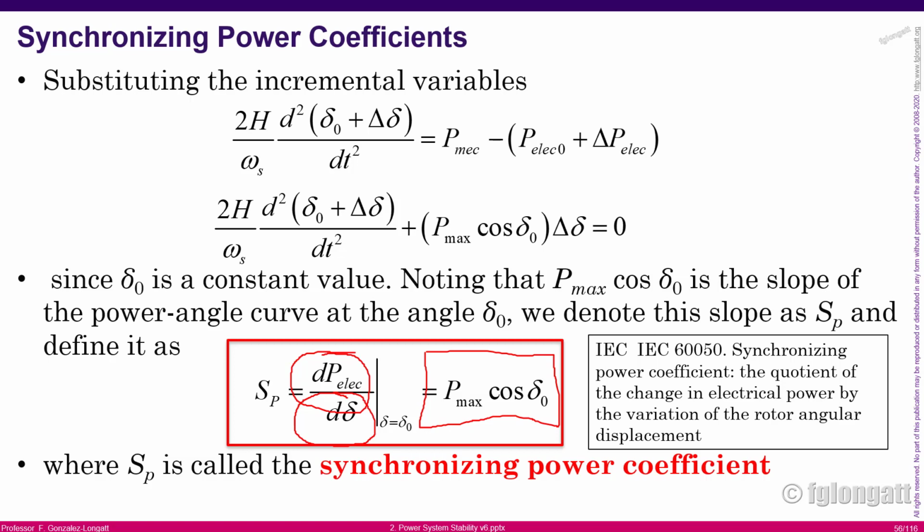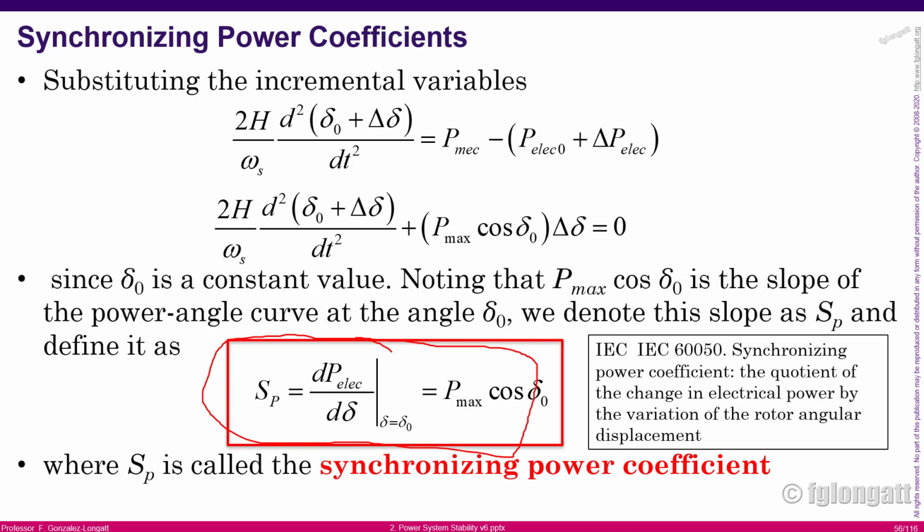What we will realize is that the changes on electrical power versus changes on electrical angle are constant, and they depend on the Pmax that is already defined and the cosine of the initial angle. Okay, this term that I present over here is what we call the synchronizing coefficient.